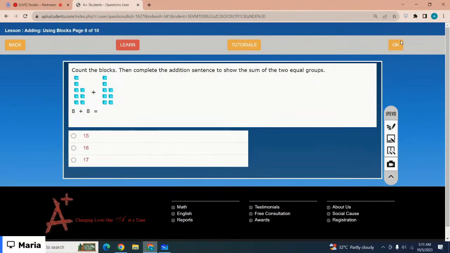Okay, the next one is 8 plus 8. So which is the correct option? The correct option is 8 plus 8 makes, very good, that would be 16.